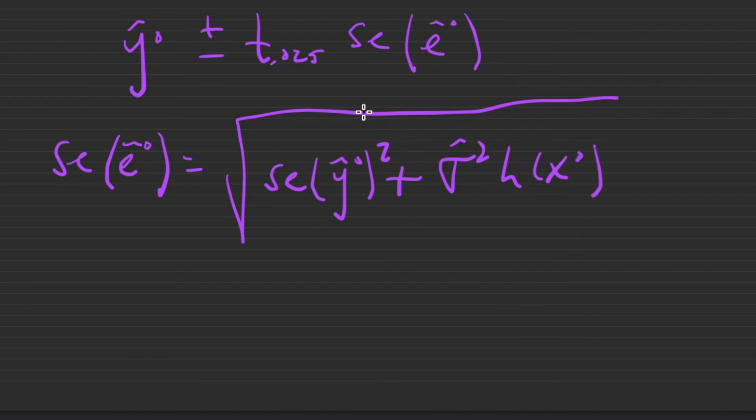So that we have the standard error reflecting both the errors in the unobserved stuff plus the error in estimating the parameters.